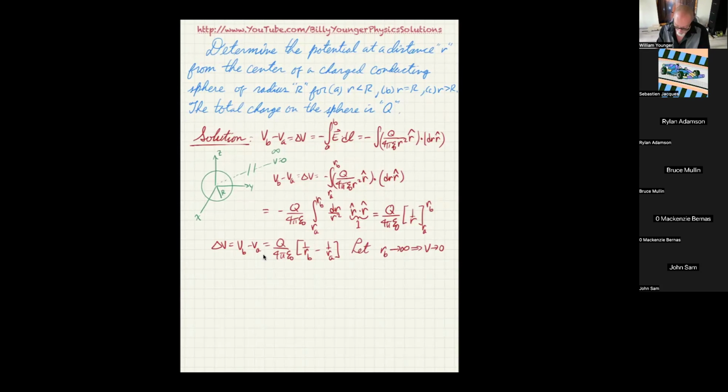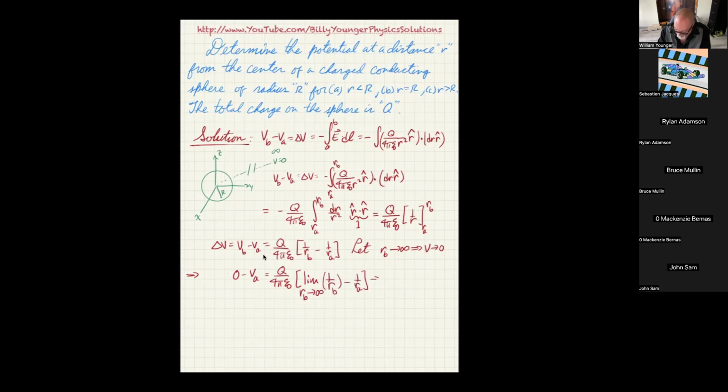So what I'm saying is the voltage at B would be 0. So that means right here, I'm going to say 0 minus VA is equal to Q over 4 pi epsilon naught times the limit as RB approaches infinity of 1 over RB minus 1 over RA.